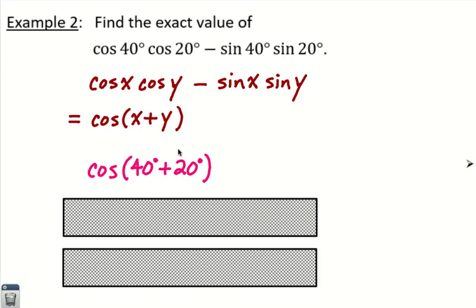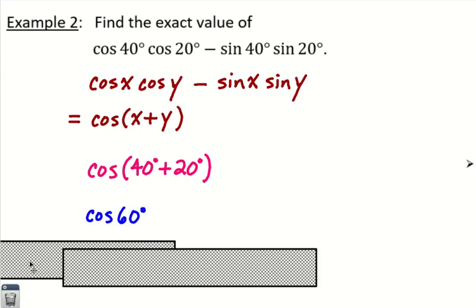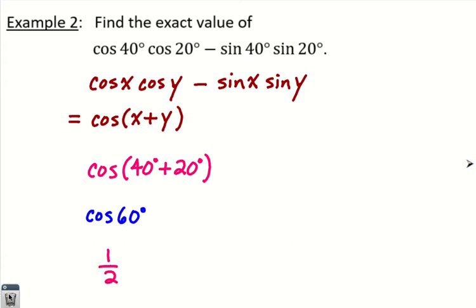And what's 40 plus 20? 60. And so all of this just boils down to the cosine of 60, which is 1/2 according to your reference sheet, your cheat chart. So that's example 2.